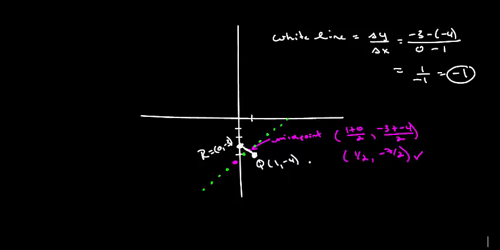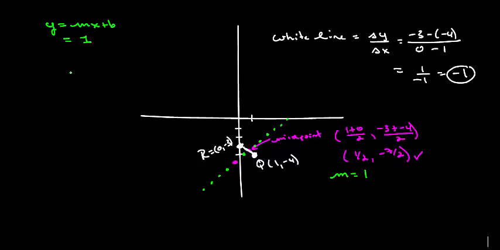Okay, so then the slope for this green line must be the opposite reciprocal of that. And so the slope for the green line must be, take away the negative sign and the reciprocal, and we just get 1. Okay, so we're almost there. So we know our equation is y equals mx plus b for the green line.